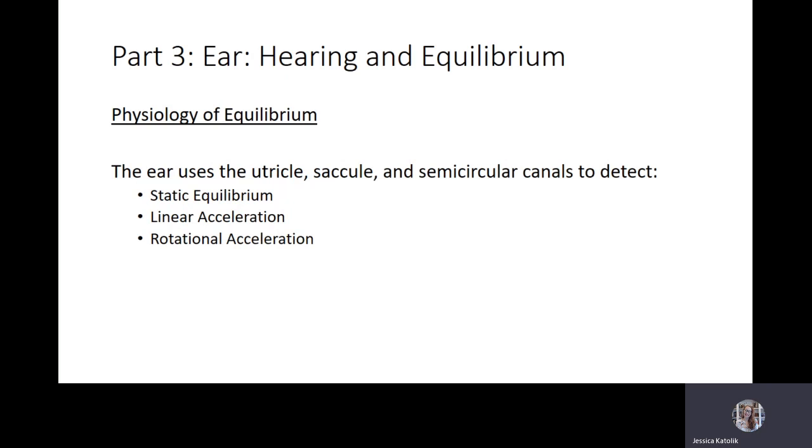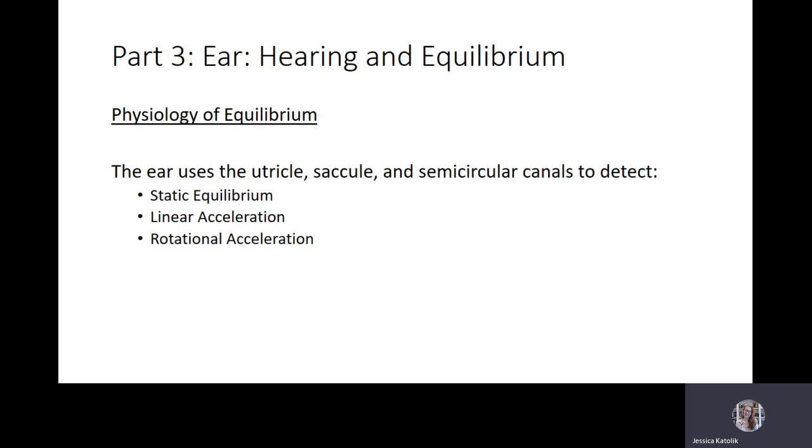So the ear will actually use structures such as the utricle, saccule, and semicircular canals to detect equilibrium. And they will detect different aspects of equilibrium, such as static equilibrium, so is our head tilted or not? Linear acceleration, so being able to accelerate in a single direction.